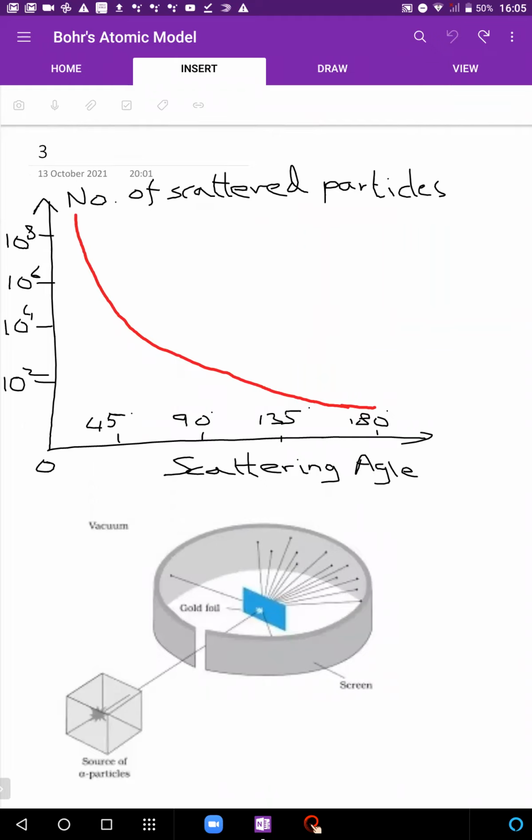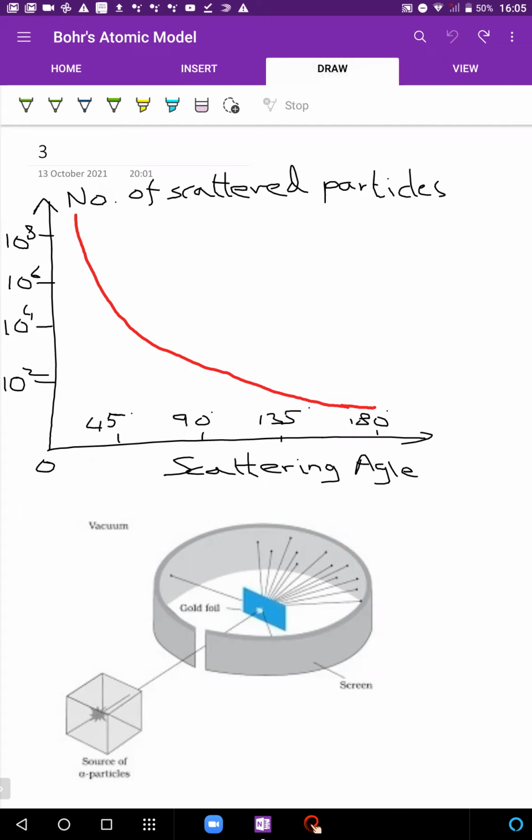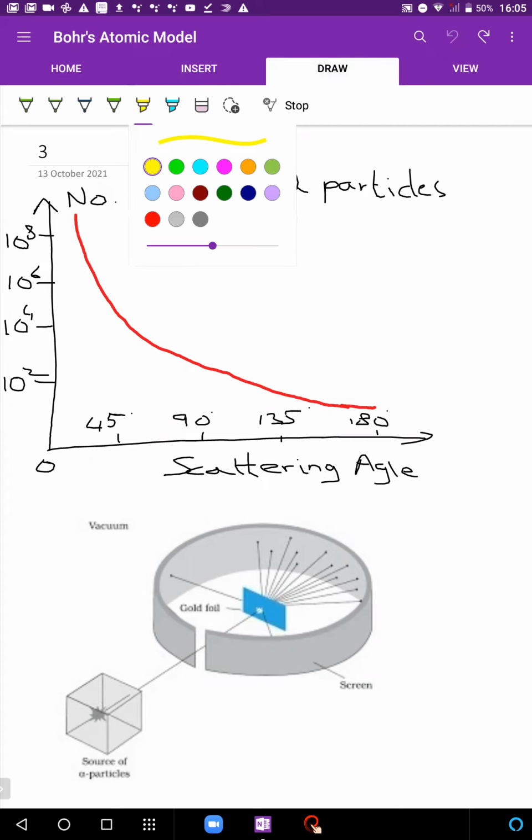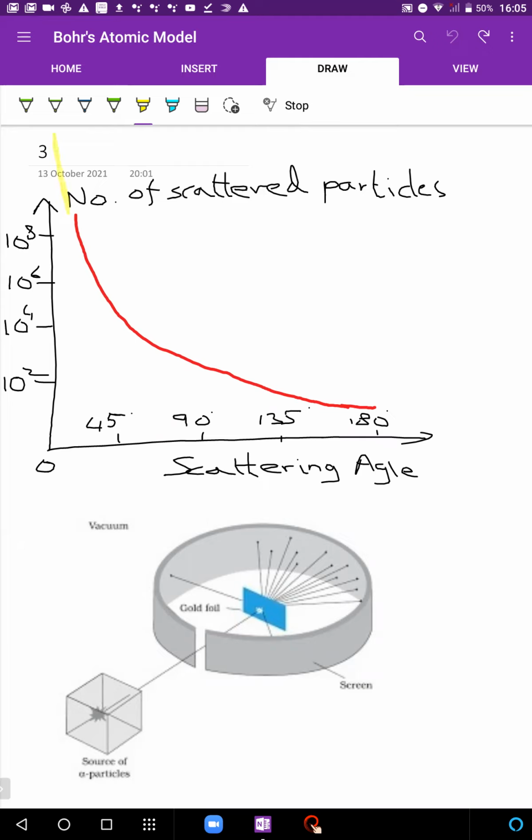But the overall gist of this graph is, as you can see, for smaller angles, a zero deflection or a small deflection, there were a lot of particles, whereas for large deflections, there were very few particles. So the number of scattered particles decreased as the scattering angle increased. That's of course the gist of the experiment.